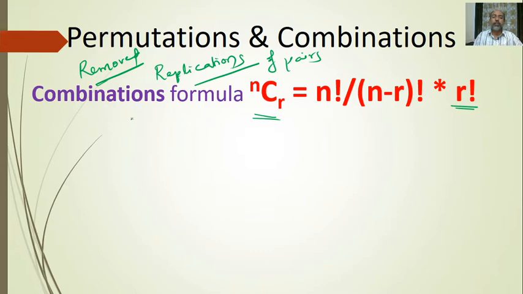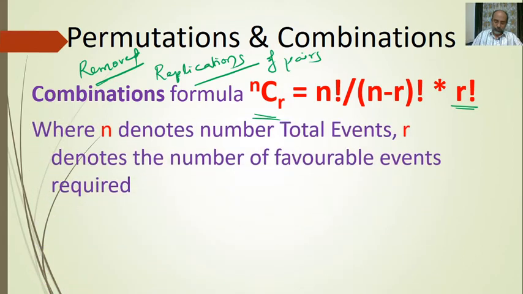This is the formula for combinations. As we know, n denotes the total events, and r denotes the number of favorable events we require.